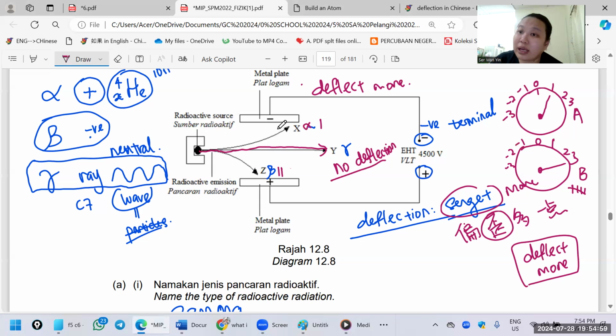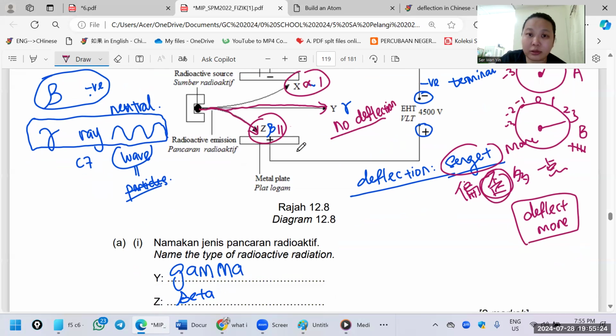Deflect means it bends away. And this one goes a little bit, already bending. So actually it's Z that deflects more. Okay. It's a very small part, but many people get it wrong because of this small part.